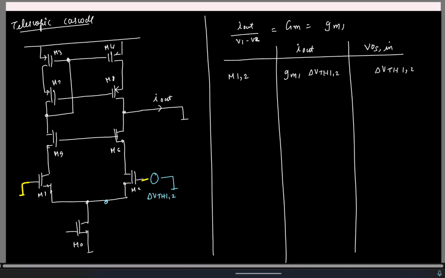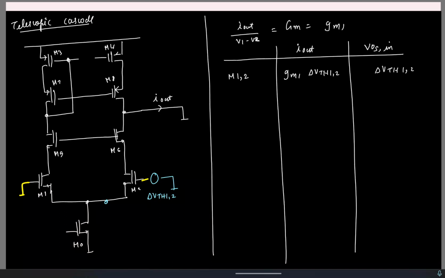Now let's look at M3, M4. Delta VTH34. What do you think the current will be due to this guy alone? It's very similar to what we saw before for the 5-transistor OTA. This guy will be incrementally short. There will be no change in this voltage. So this is short. So it's as though I applied a voltage of delta VTH34 to the gate of M4.